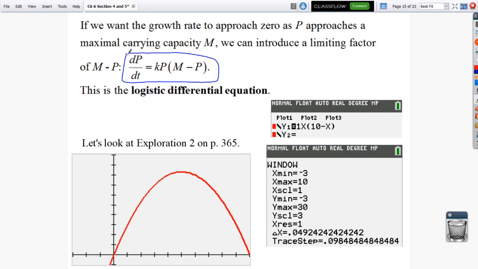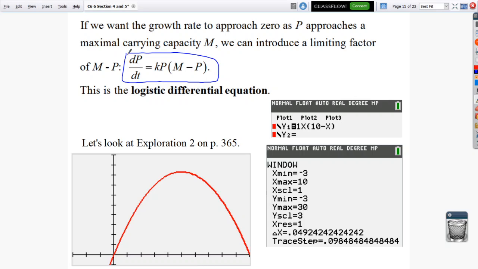So M is our maximal carrying capacity, P is our population, and k is our growth rate. All right? So that differential equation is going to be very important. And we're going to flip to page 365 in our books to try to follow along on exploration 2.